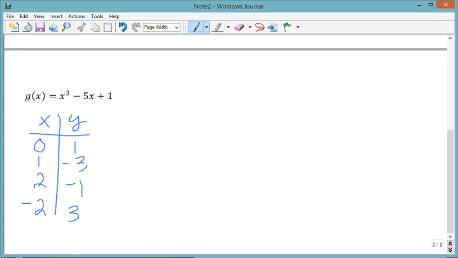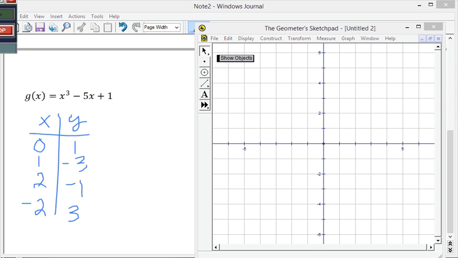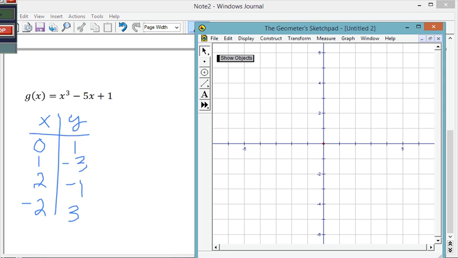Okay, and then if we try graphing that, so here's my graph. I can plot 0, 1, and I'd have 1, negative 3, and 2, negative 1, and negative 2, 3.